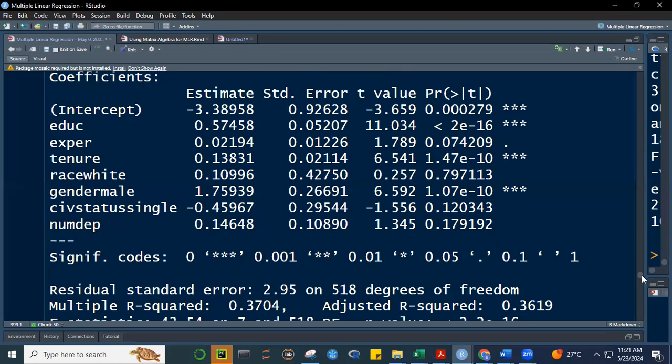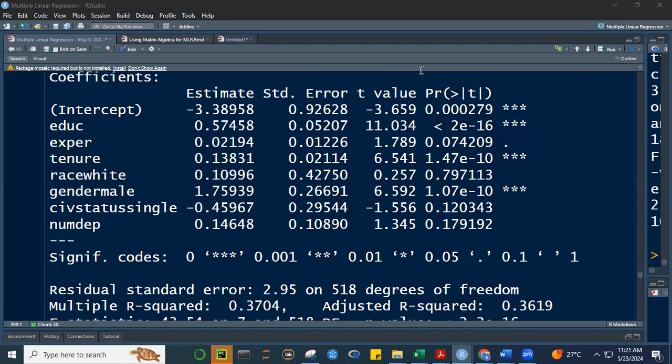Now, we studied before what these 3 stars mean. They mean that we are rejecting a hypothesis. The null hypothesis here is that the coefficient of education is equal to 0.